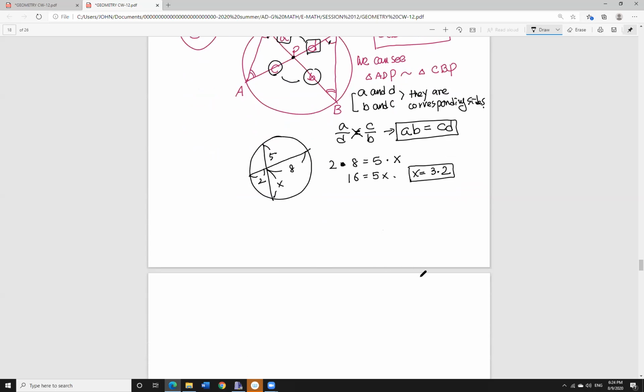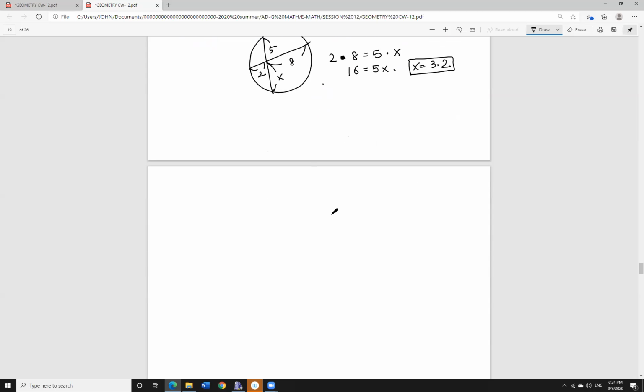Another example. Now let's find the example. Intersecting lines. One more. We have a diameter. When you draw a chord which is perpendicular to this diameter, what happened?